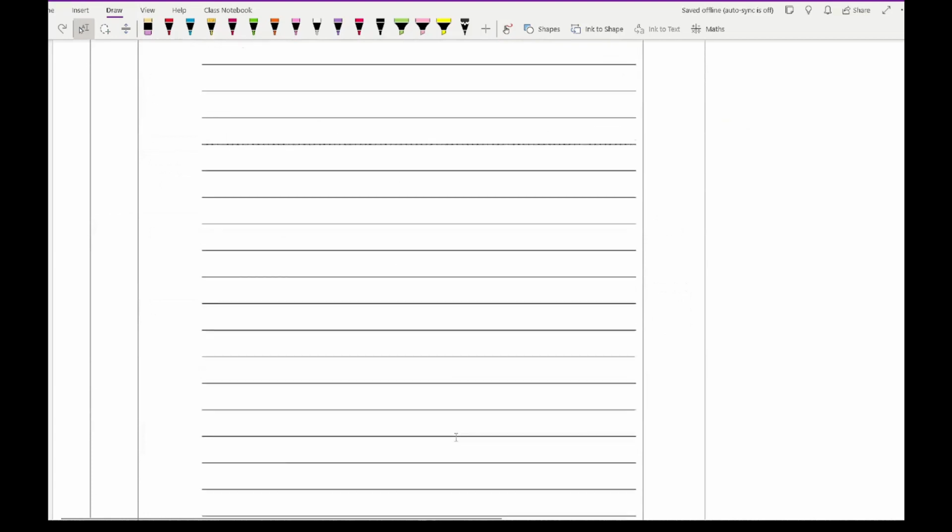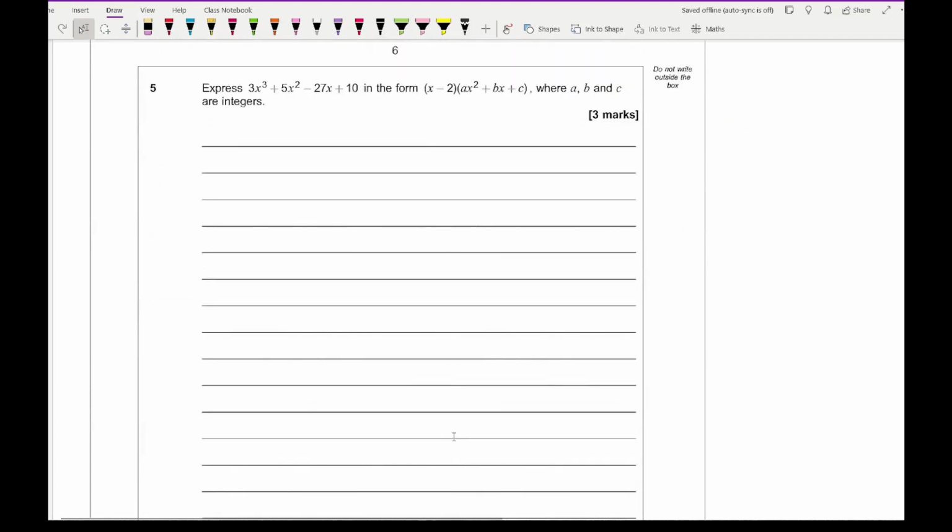Moving on to question 5, it says express 3x cubed plus 5x squared minus 27x plus 10 in the form of (x minus 2)(ax squared plus bx plus c), where a, b and c are integers. So we know that x minus 2 is going to be a factor.